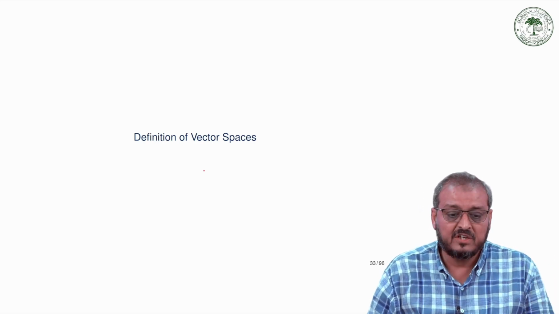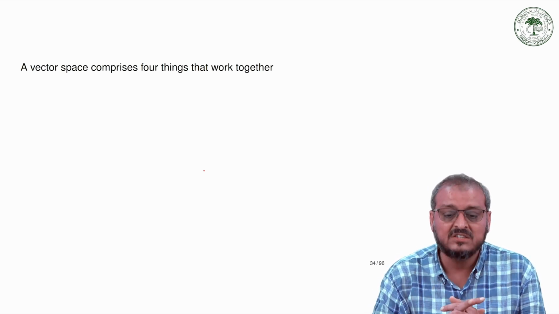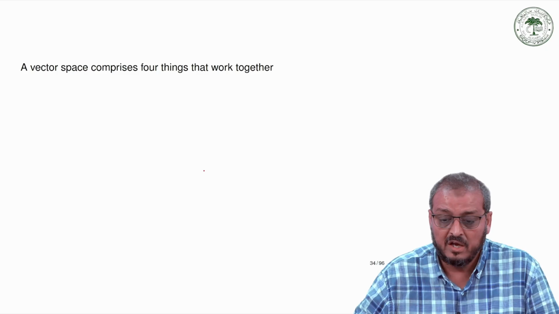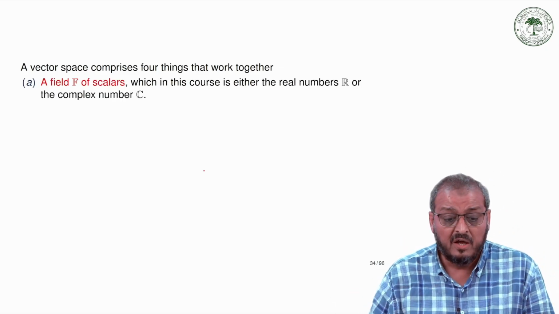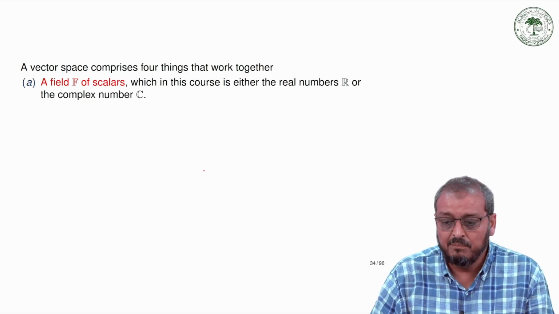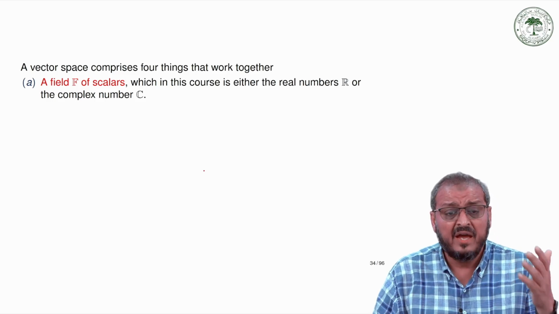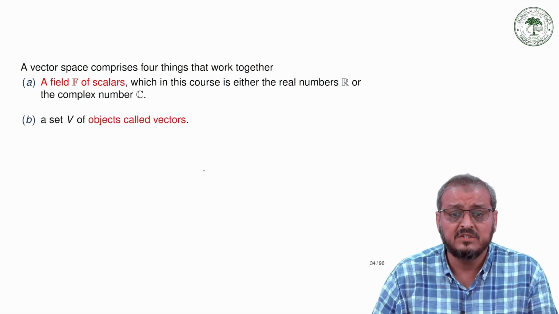So we define a vector space. A vector space comprises four things together. One very important thing is a field of scalars, which in this course is either the real numbers or the complex numbers, and we have a set V of objects that are called vectors.